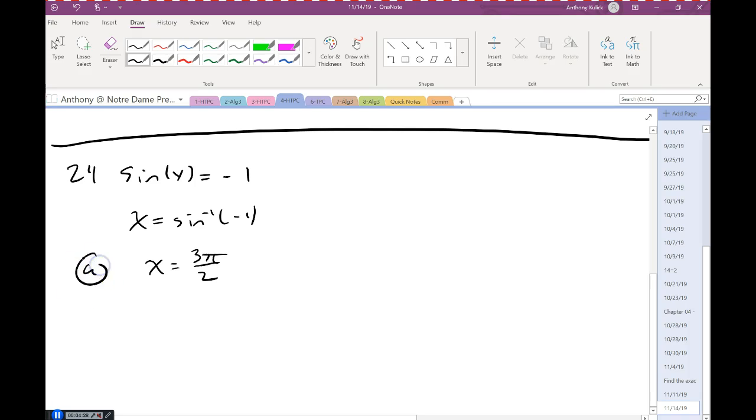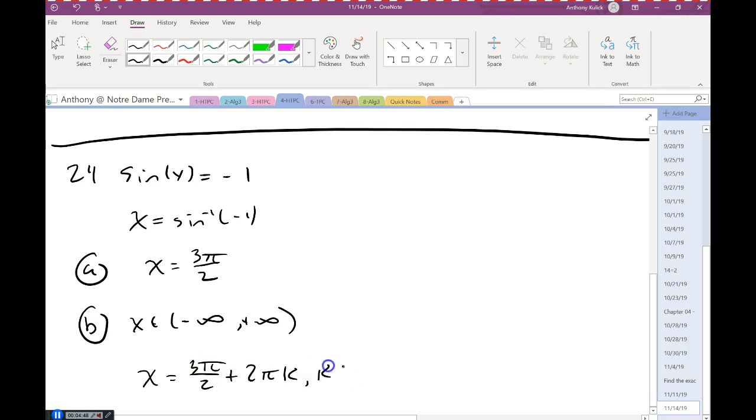So that's my answer for A. My answer for B, well, it asks for x is on the interval from -infinity to +infinity. So basically, I just need everything that's coterminal to 3 pi over 2. So I'll just do that by adding all the multiples of 2 pi to it.